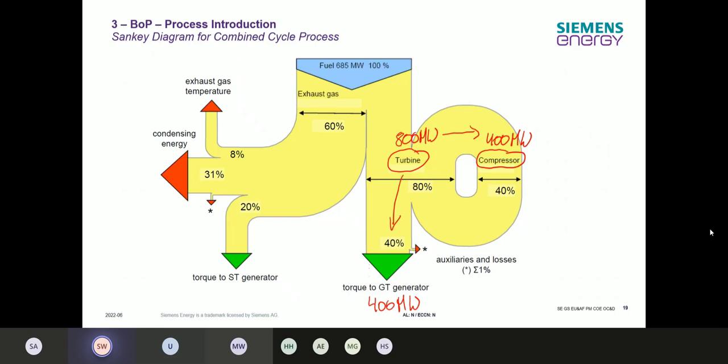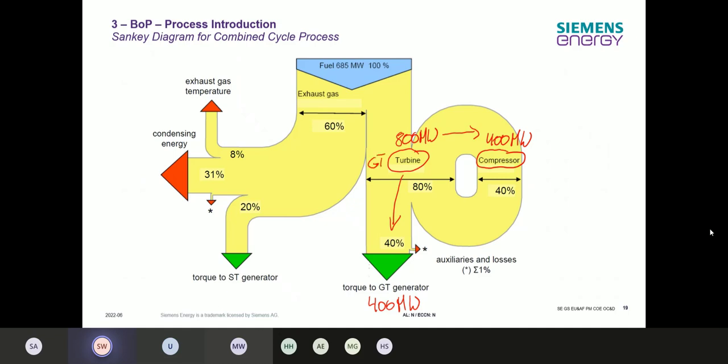So for the water steam cycle, this is all coming here on the left side. But for the gas turbine over here, this is really the turbine, meaning GT, not the steam turbine.